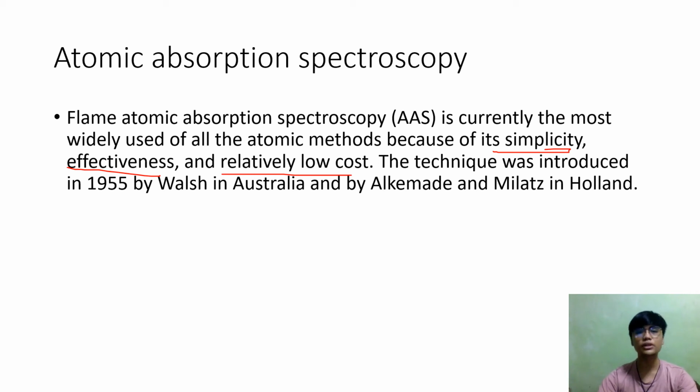The first commercial atomic absorption spectrometer was introduced in 1959, and use of the technique grew explosively after that. The reason atomic absorption methods were not widely used until that time was created by the very narrow widths of atomic absorption lines.